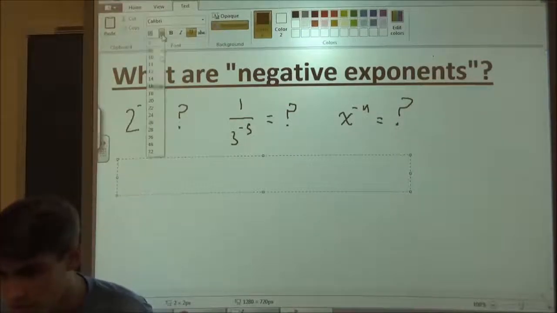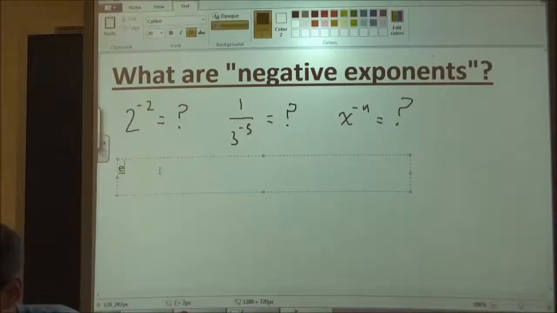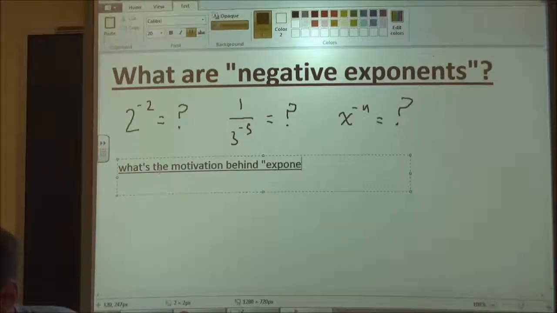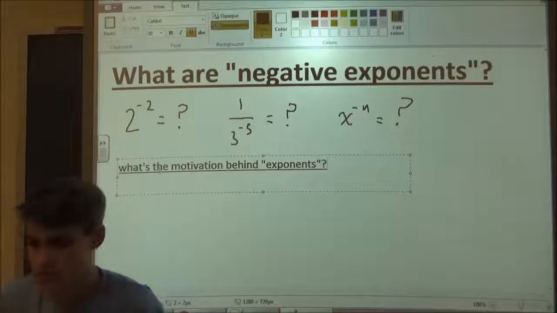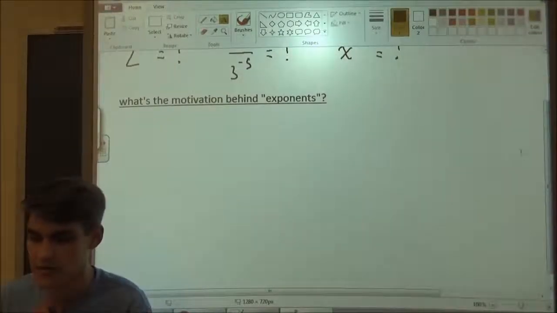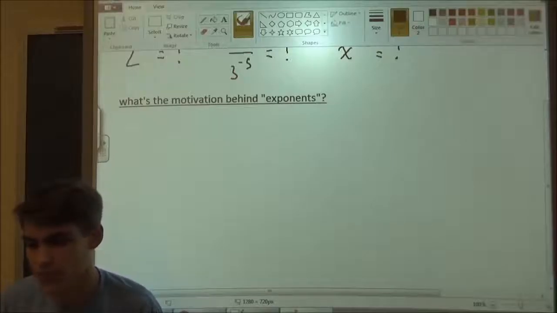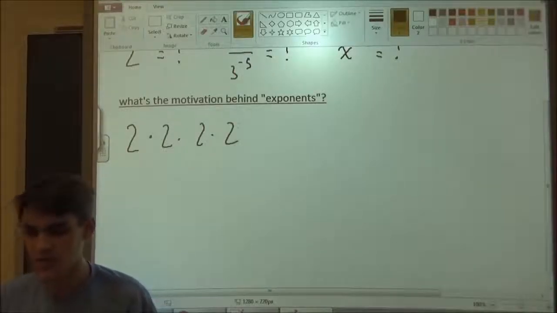First thing I want you guys to start thinking about is what's the motivation behind exponents? Exponents is when you multiply something by itself however many times you want, right? So let's imagine that we're in math land and we've got a 2 and we want to multiply that 2 by itself 4 times.